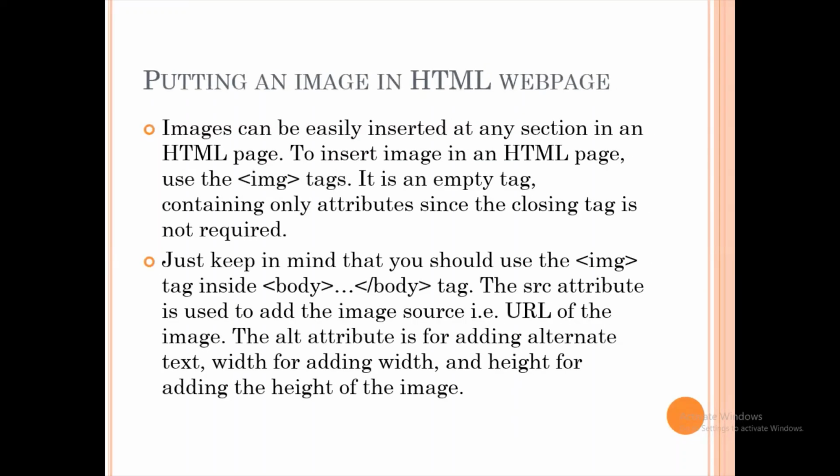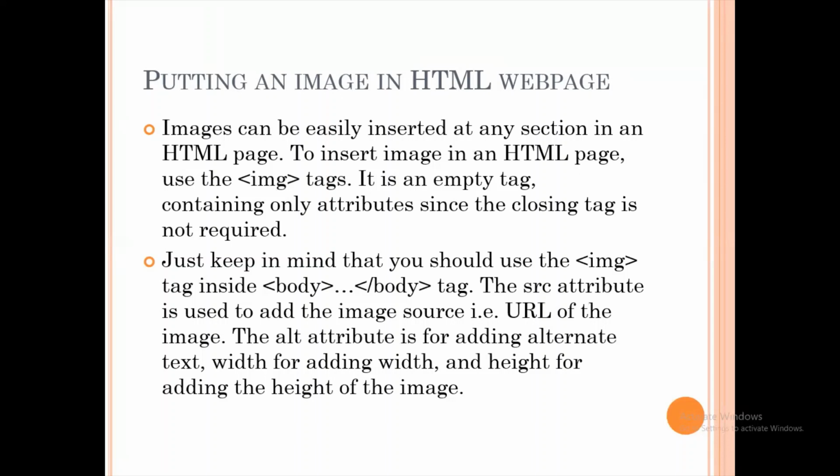Now come to the topic, how can we add an image to our HTML page? What are the tags? What are the attributes associated with this? So to put an image, we have a tag, that is the img tag.